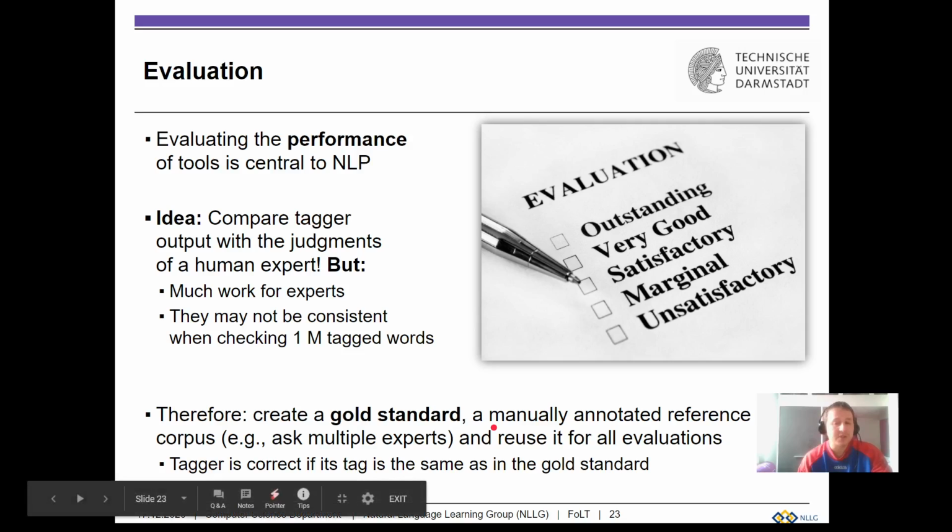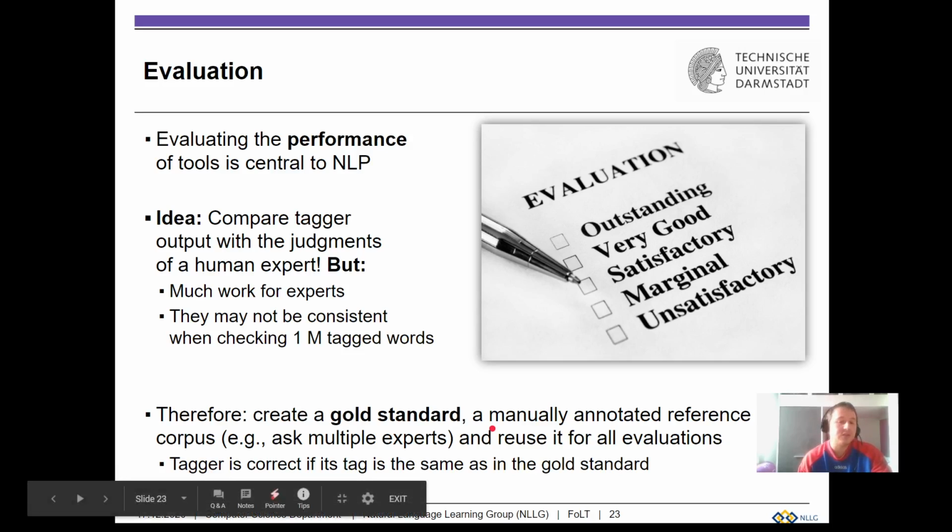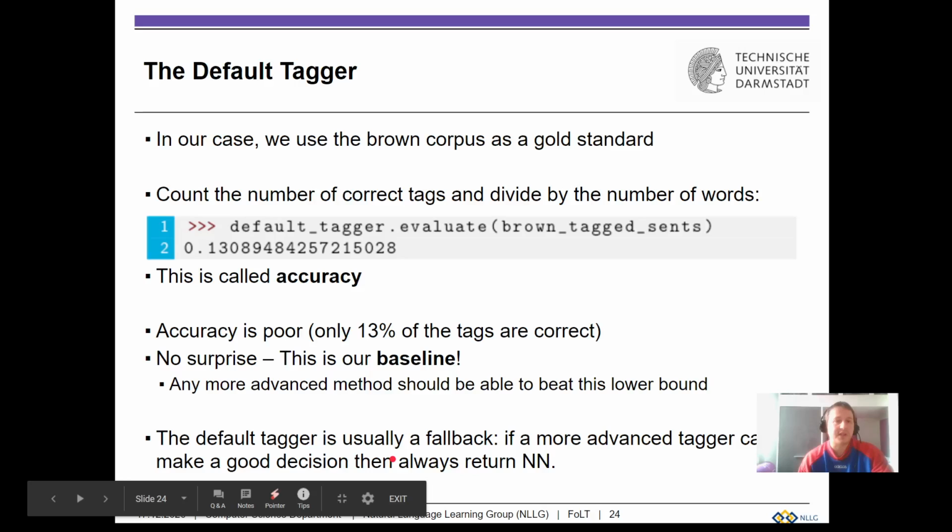And in case, as I've said, the majority does not exist, then of course you would either draw a random label, which is not a very good solution, or really ask them to discuss this and come to a conclusion. And if we have such multiple experts and we have aggregated them, then this is what we call our gold standard. And then we say that our automatic tagger is correct for a particular tag decision if it corresponds to the gold standard.